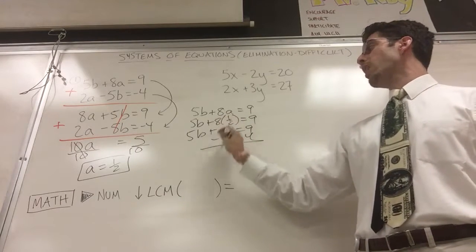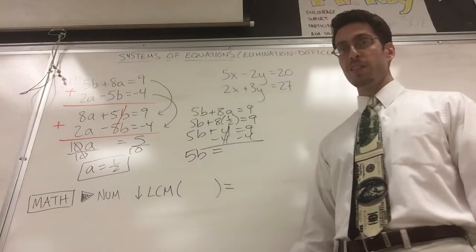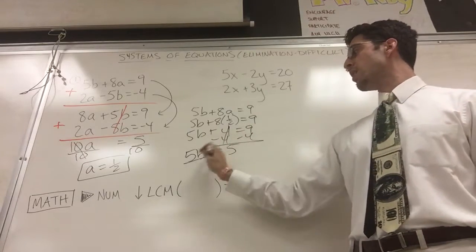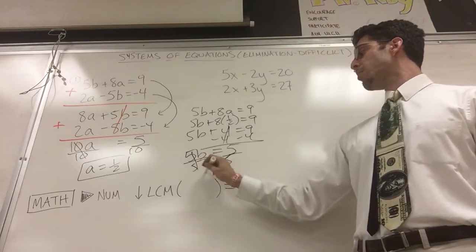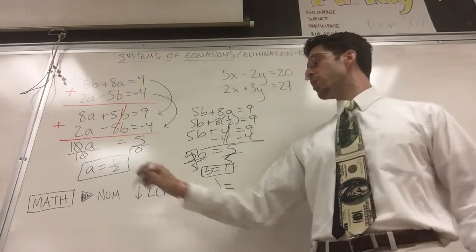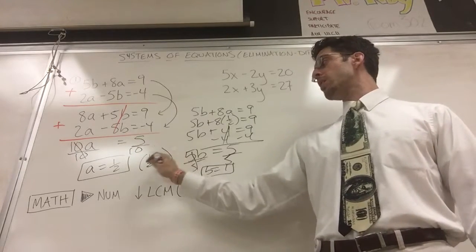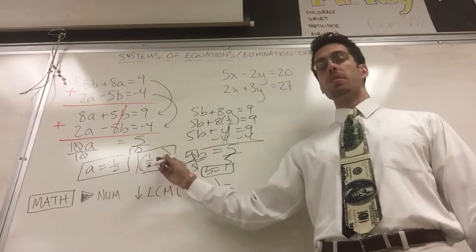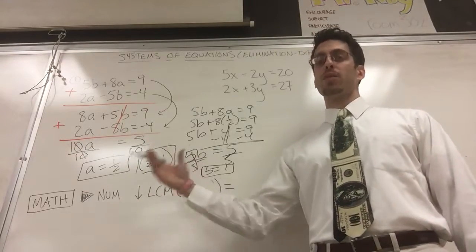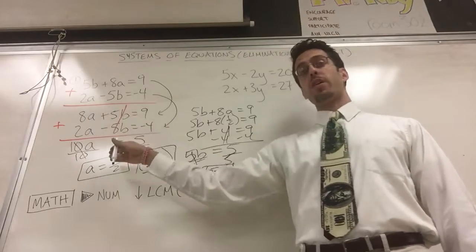Subtract 4 on both sides. 5B equals 9 minus 4, again is 5. That's convenient. Divide by 5, and B equals 1. If you remember, when I want my solution, I write it as half, comma, 1 in alphabetical order, A, comma, B. Okay, that I would consider easy because I line up the letters and it cancels out right away.